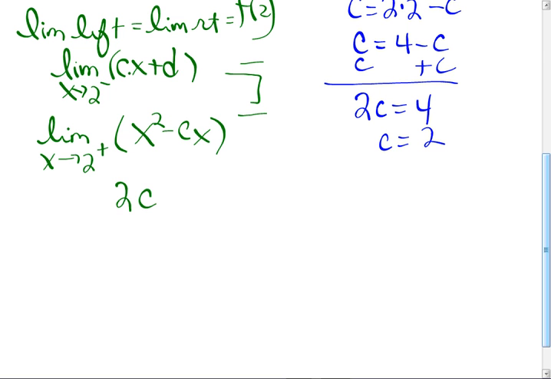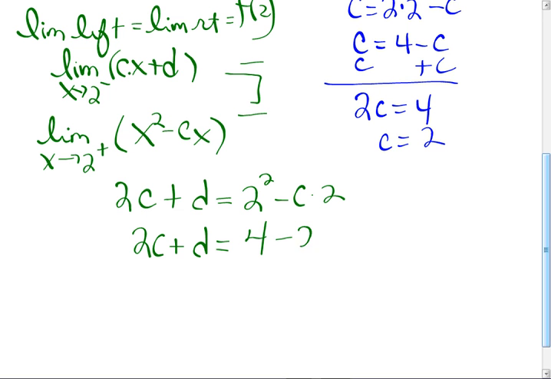Do you have to write the limit? If it's free response, yes. If it's multiple choice, you don't. So 2c plus d equals 2 squared minus c times 2. Mathematically, it's a limit.